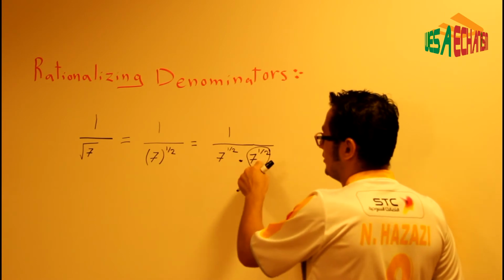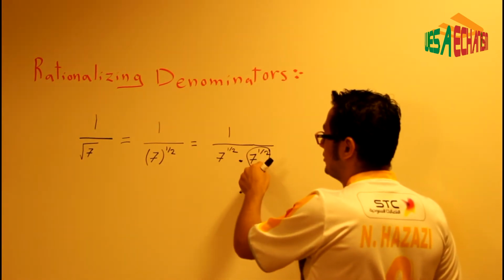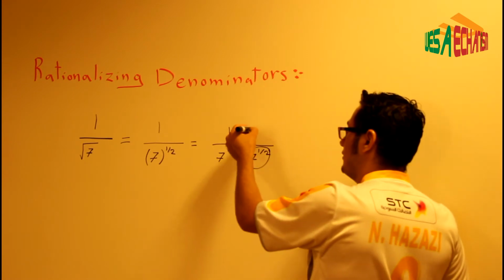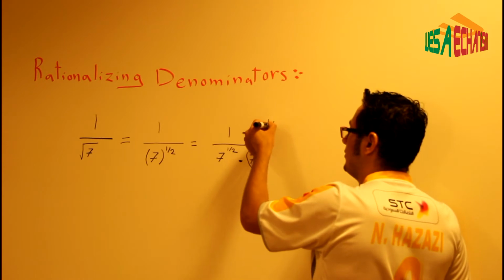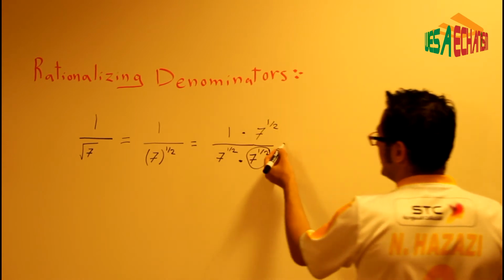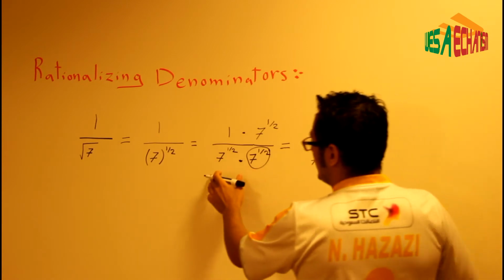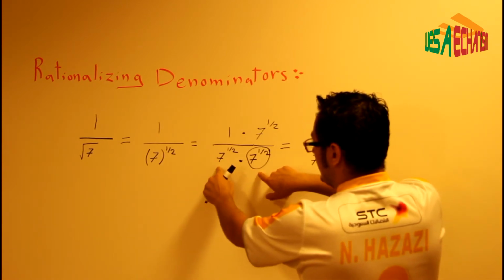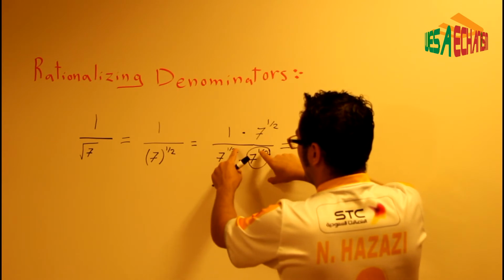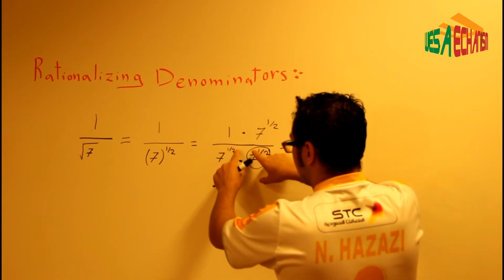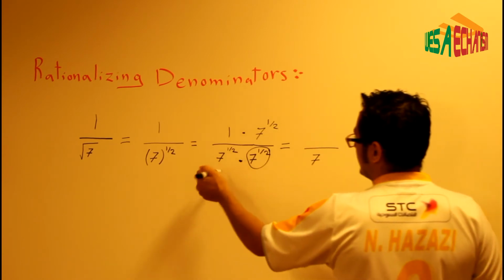So we multiplied by 7 to the power half in the denominator, then we have to multiply above. 7 to the power half times 7 to the power half equals 7, because when you multiply numbers, you add the power. So it's going to be half plus half, which is equal to 1. And this number stays the same.